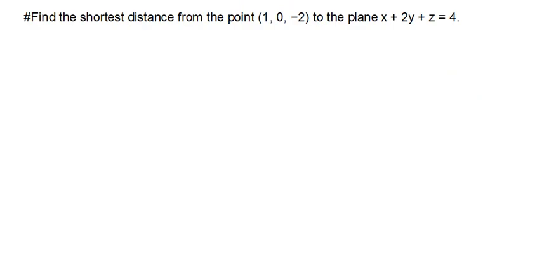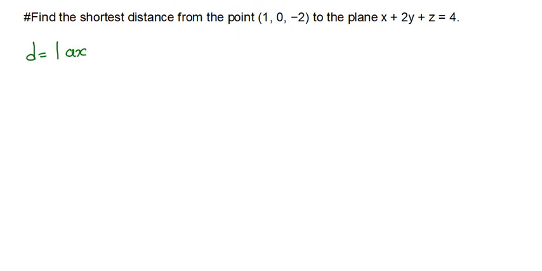Okay, so the example we're going to look at is a bit different from what we had here. Here we just had a basic function. So now the question is saying, find the shortest distance from a point to a plane. So we know that the distance from a point to a plane is simply equal to the absolute value of what?